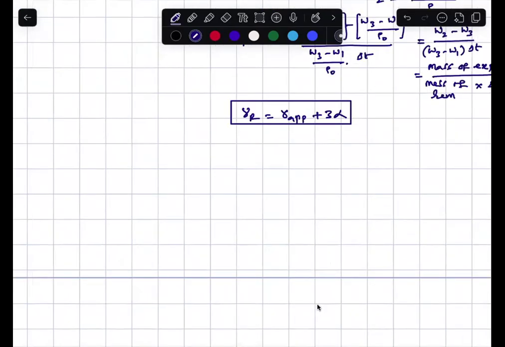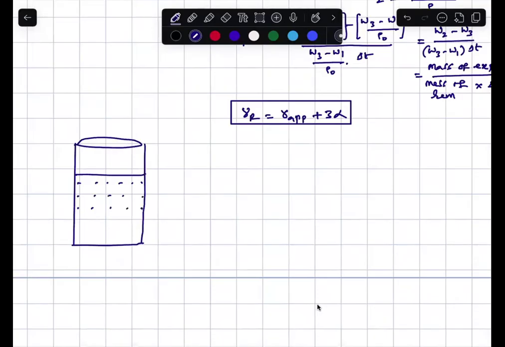Now, the next part that I need to discuss here, you have a container. And in this container, you filled some liquid.